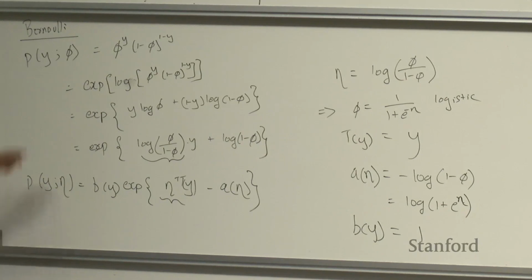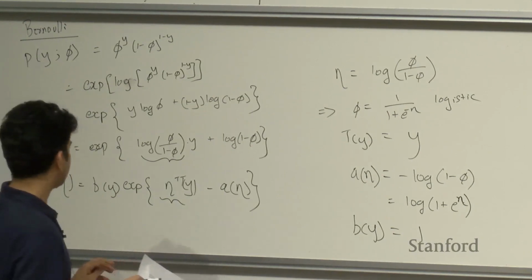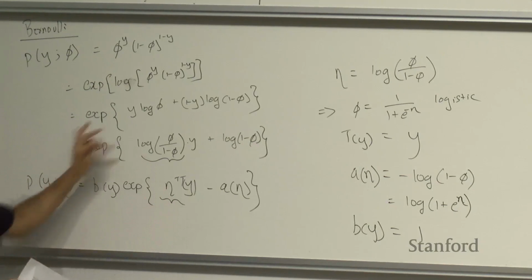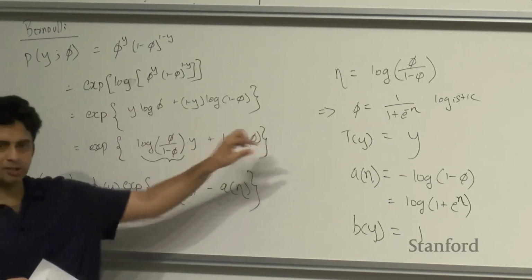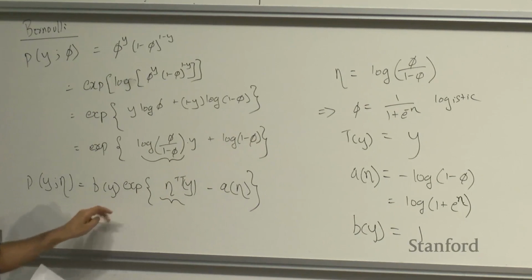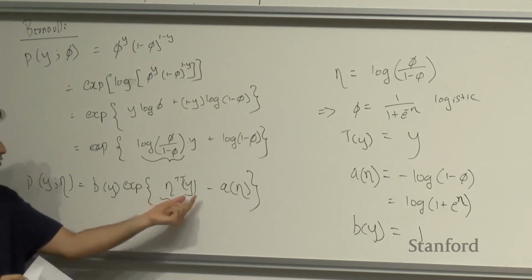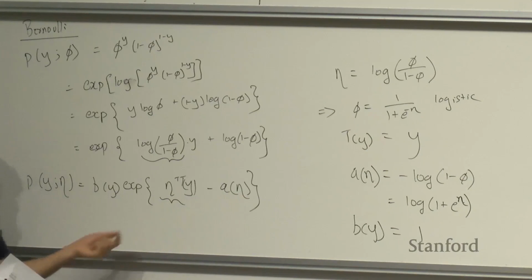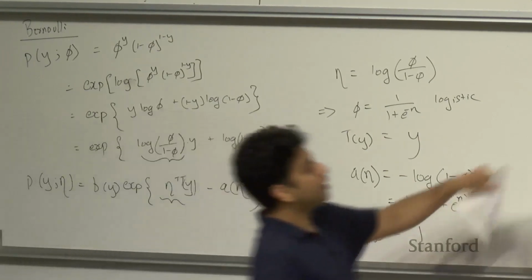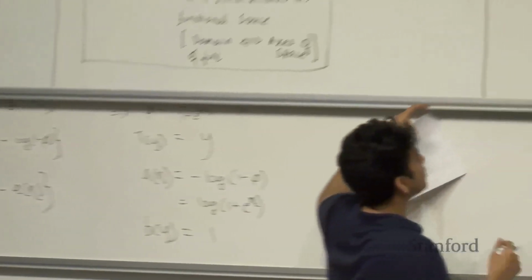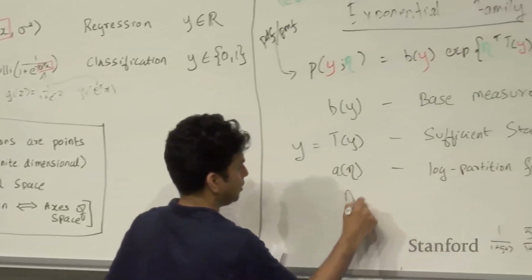Right? So we started with the Bernoulli distribution and did a whole bunch of pure algebraic manipulation. Nothing more than algebraic manipulation. We didn't use any kind of logical deductions or anything like that, and just massaged it into this form and did a pattern match to extract the corresponding B function, sufficient statistic, log partition function, and eta. And eta over here, I forgot to mention, is called the natural parameter.